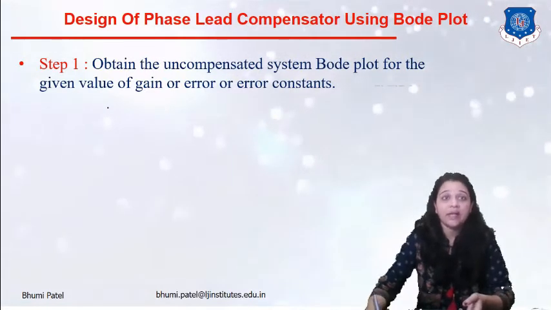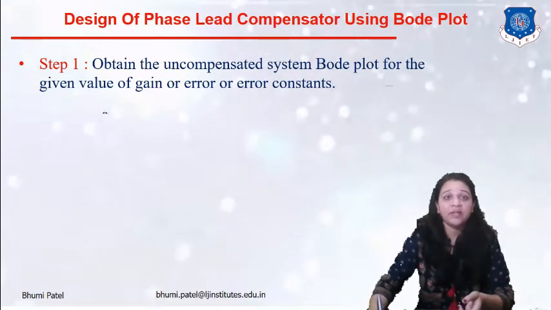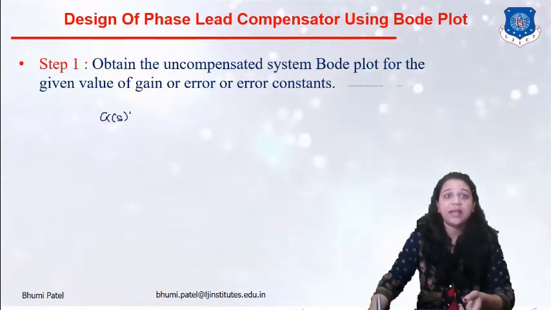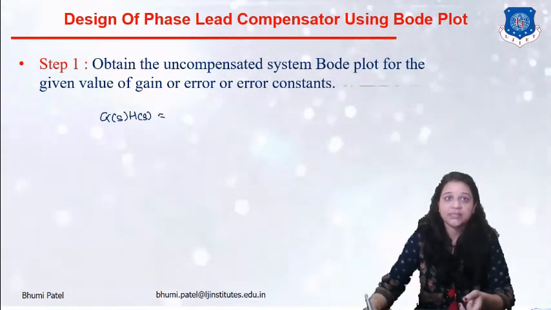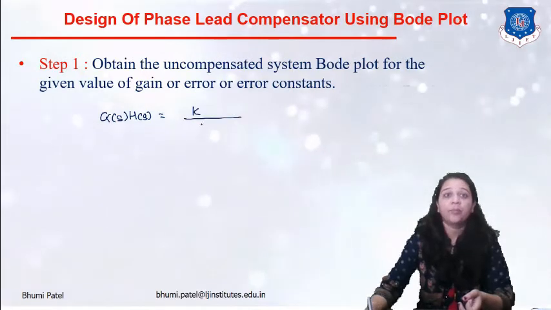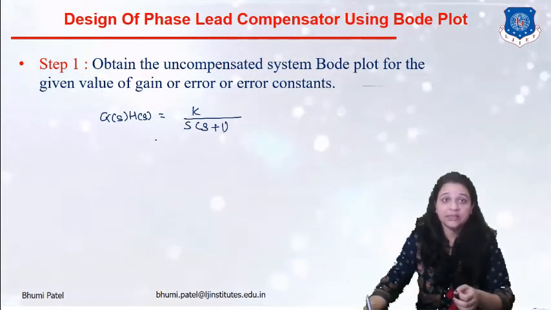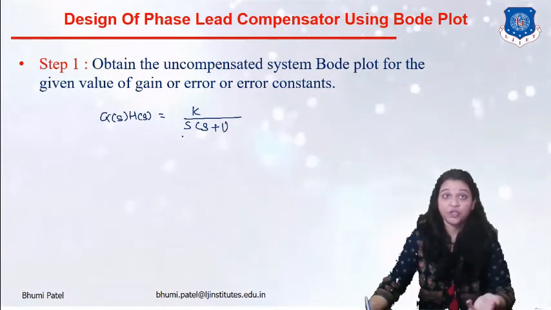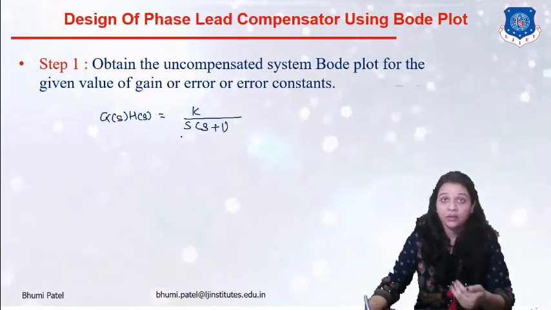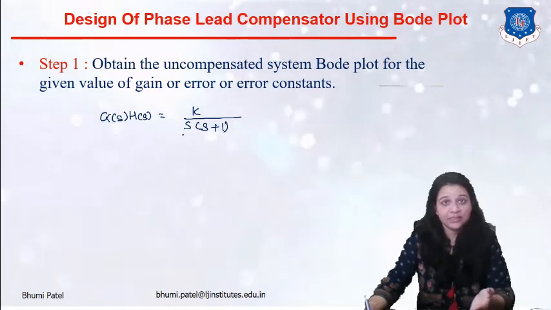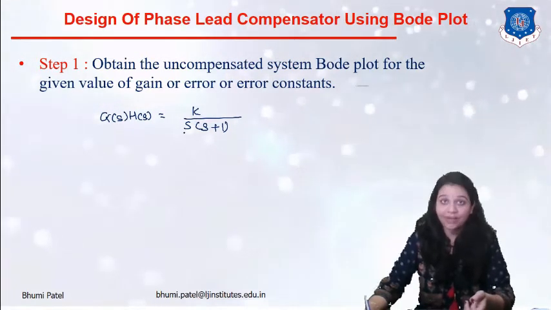In this example, a transfer function is given, like G(s)H(s) equals, suppose, K upon s plus 1. Using this transfer function, first of all we have to derive the uncompensated system using the Bode plot method.